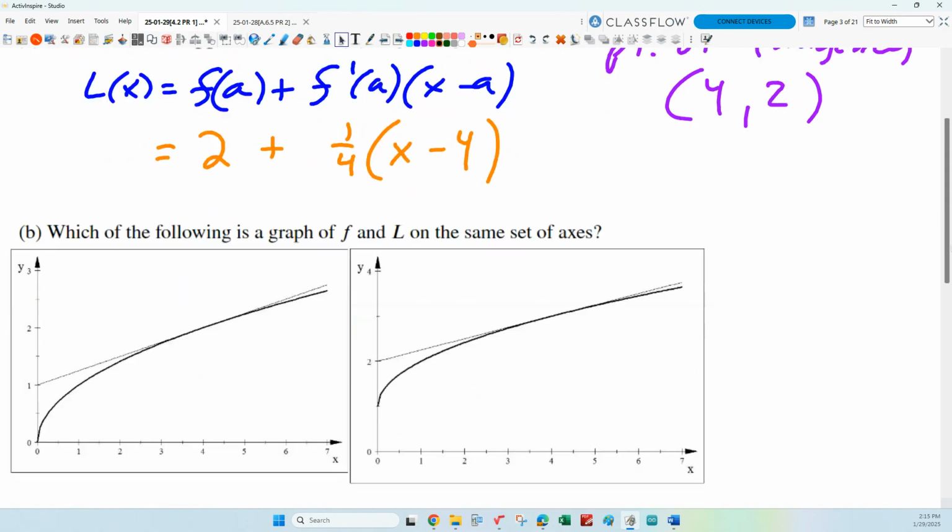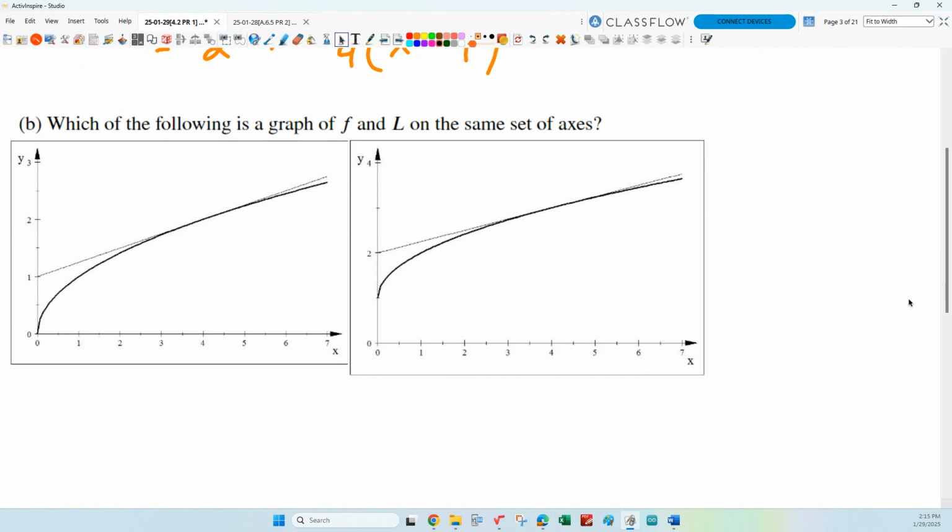which one of those would be the right one? First or second? Second one, how come? Because it starts at 2, is that why?